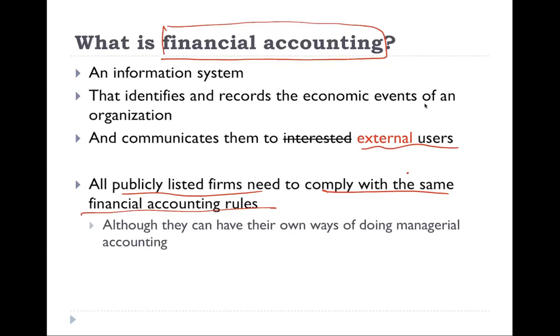It is different for managerial accounting. Google can have its own managerial accounting system, and Apple has its own managerial accounting system. That doesn't matter, because the purpose of managerial accounting is to provide information to the firm's managers, and, for example, Google's managers don't even have the information about what kind of information is provided by that system to Apple's managers.